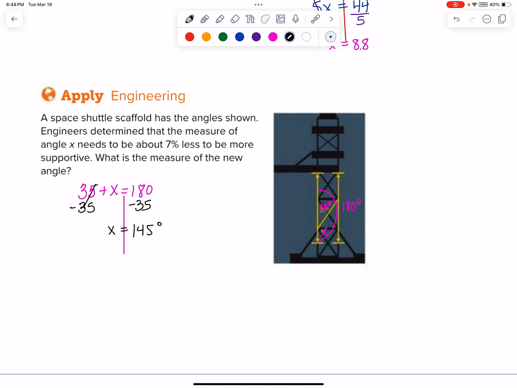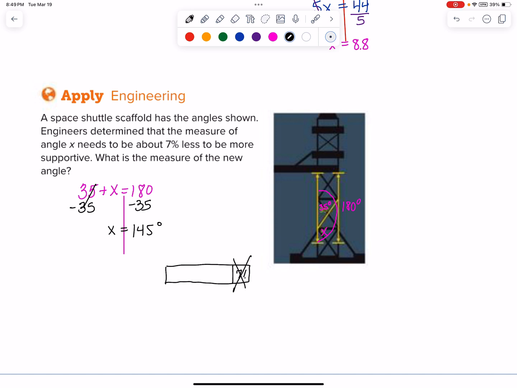Now, they want that angle to be 7% less. So what is 7% less of that? When we're thinking about percentages and removing stuff, if I'm taking off 7% and I want to know the new measure, think about what the other piece is.